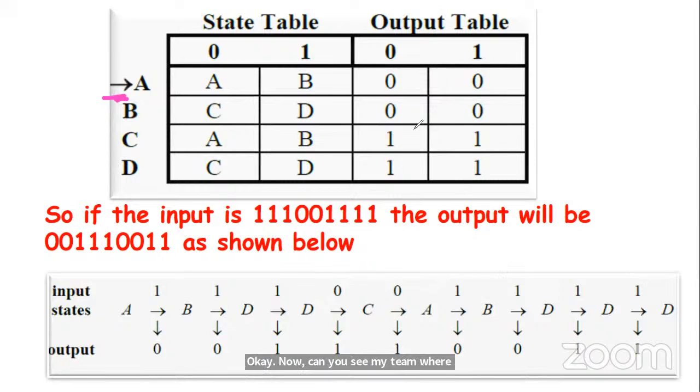I want to quickly explain this. So this is telling us that this is the initial state. So we assume that you understand this arrow pointing at A is the initial state. So how did we come about this table?